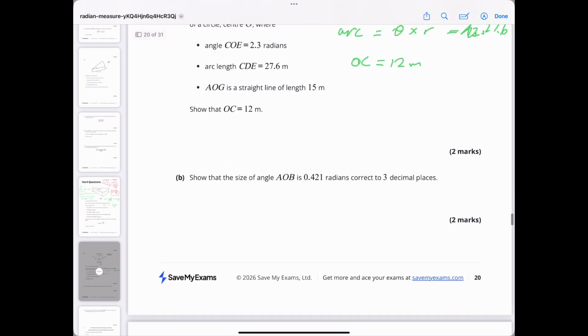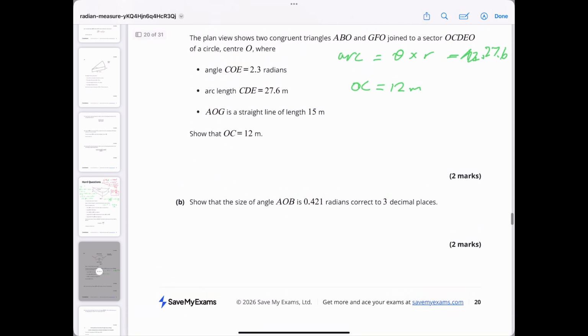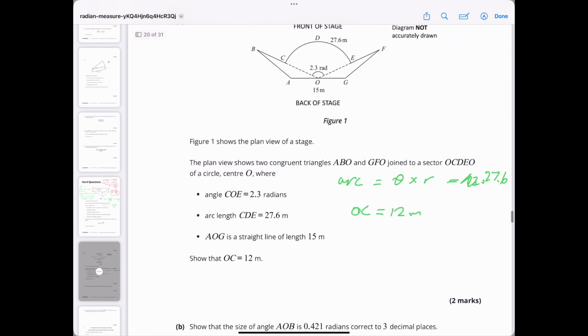And then show that AOB is 0.421. What's AOB? So this bit there. Essentially, we've got 180 degrees, and 180 degrees is pi.